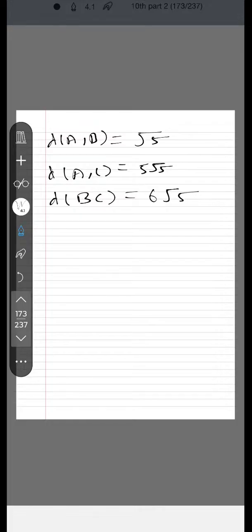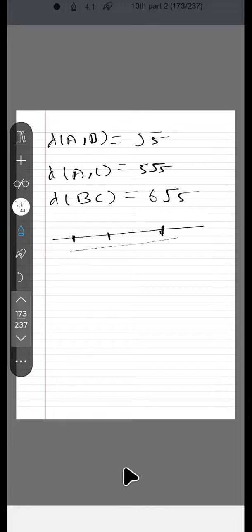Okay, now here we have to understand how they are collinear. Now what I said, collinear means what? If any 3 points or more than 3 points are on the same line, then we can say they are collinear.